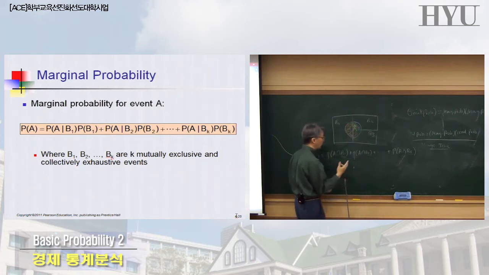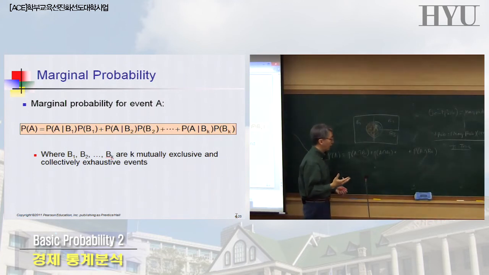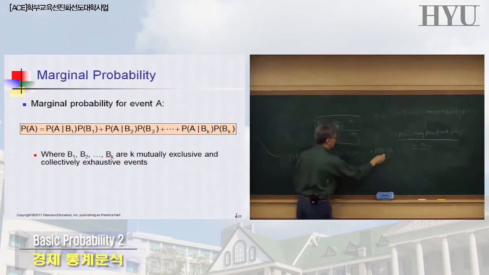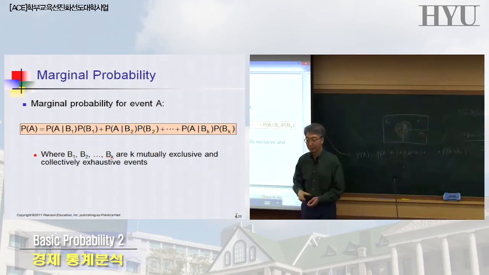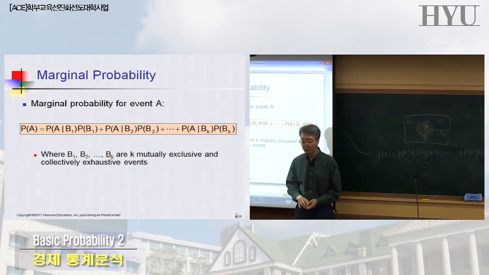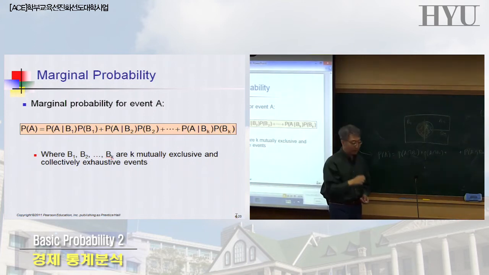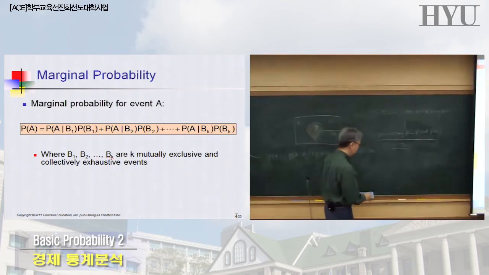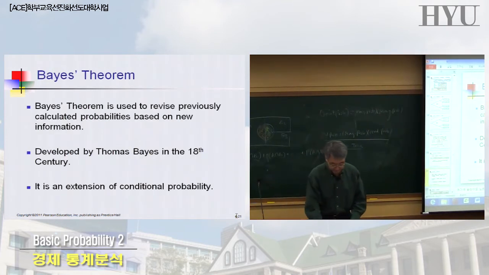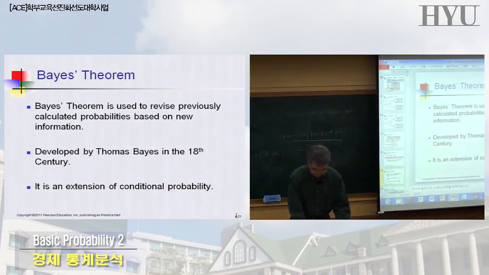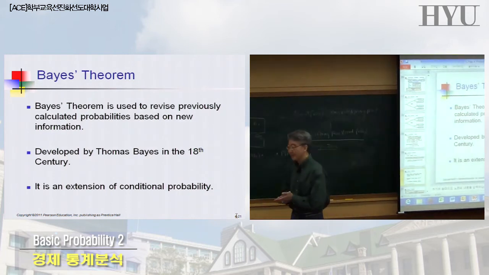And finally, we have only three possibilities here, so the intersection between A and B3 is right here. If you add them up, what do you get? That's the total probability for A. So it looks complicated, but it's a simple idea. But we need it for Bayes' theorem.